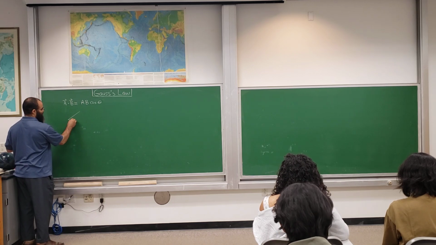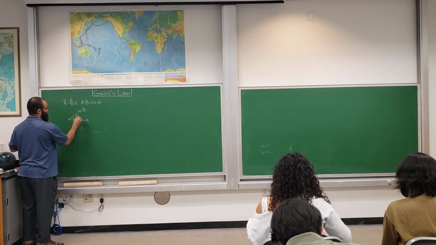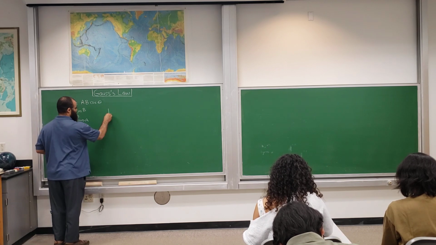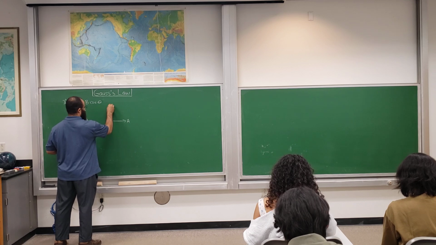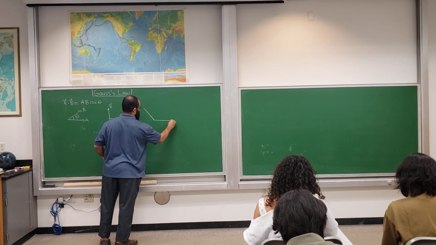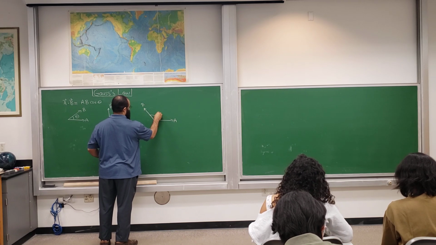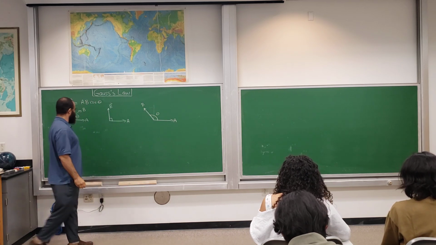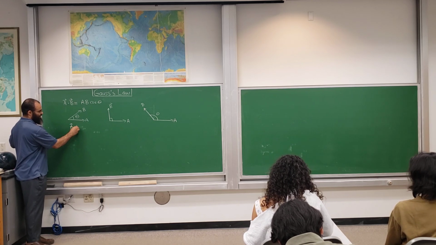So if this is A and this is B, and this is the angle between them, versus this is A, this is B, versus A, B, and the angle between them. In this case, A dot B is going to be positive or negative?